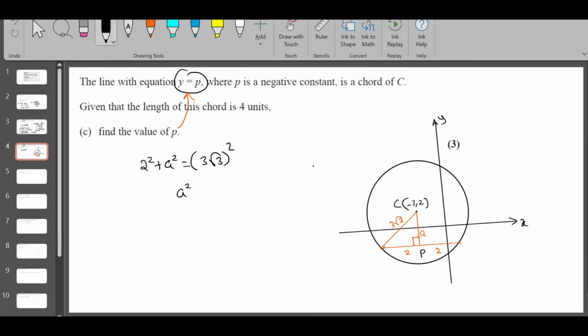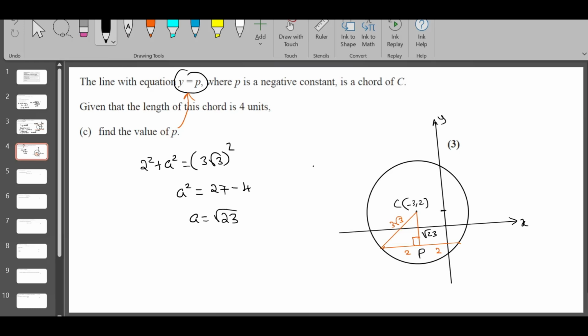So A square is 27 minus 4, that's 23. A is square root of 23. This length is square root of 23, right? Okay, we got the value of CP as square root of 23.